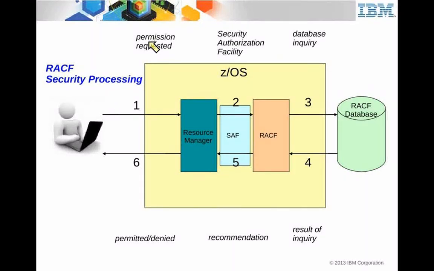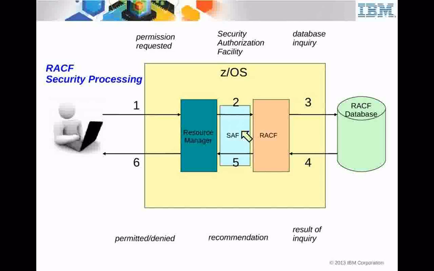And as this chart suggests, a request comes in for permission. It goes through some resource manager that is making a standard call to the Security Authorization Facility. Those calls are standard.